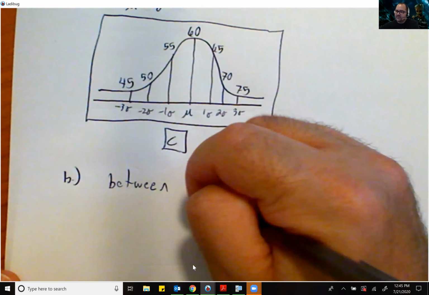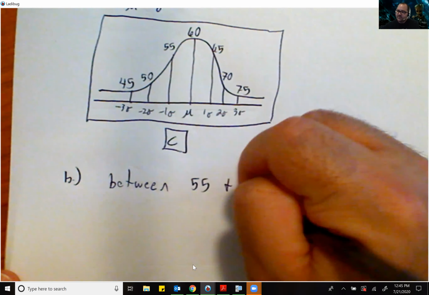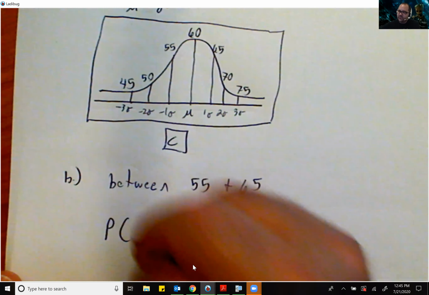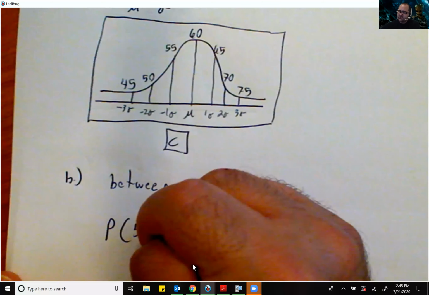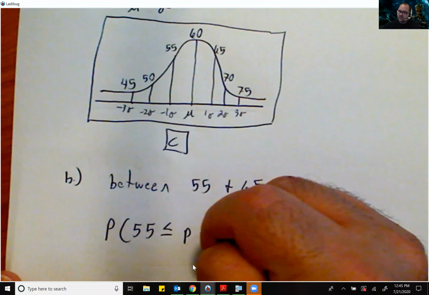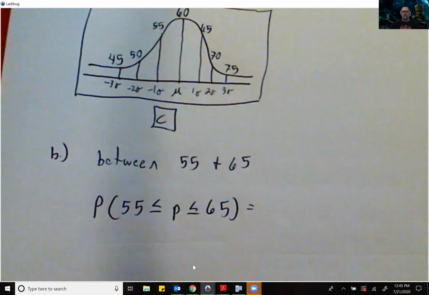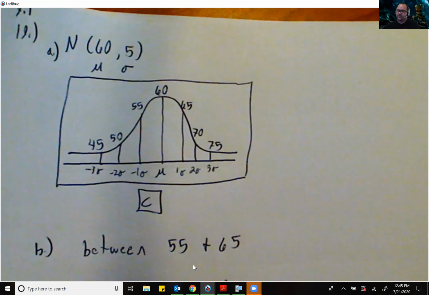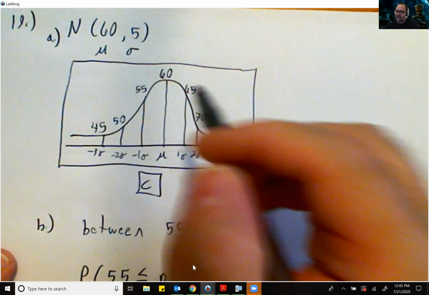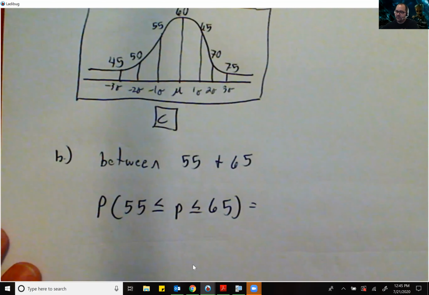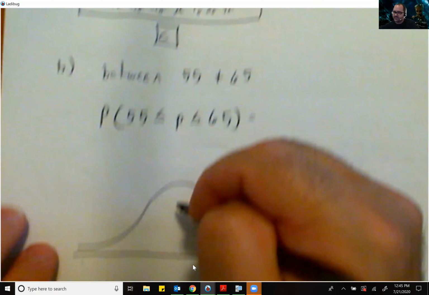When we're thinking about this, we're looking for the probability that looks like this. And the cool thing is, if you actually look at our graph, let's get that real quick so you can actually see it. Sorry about that.